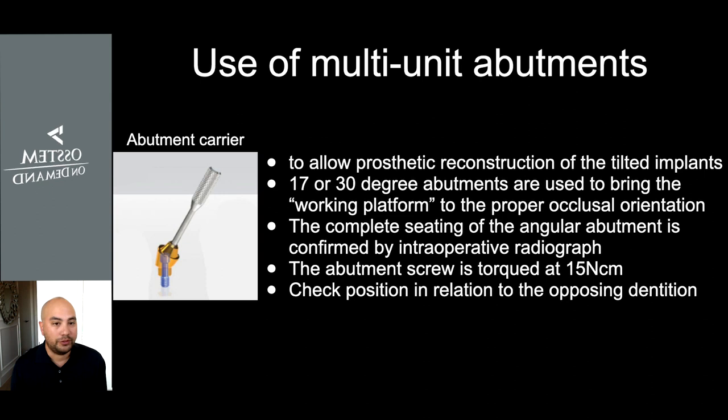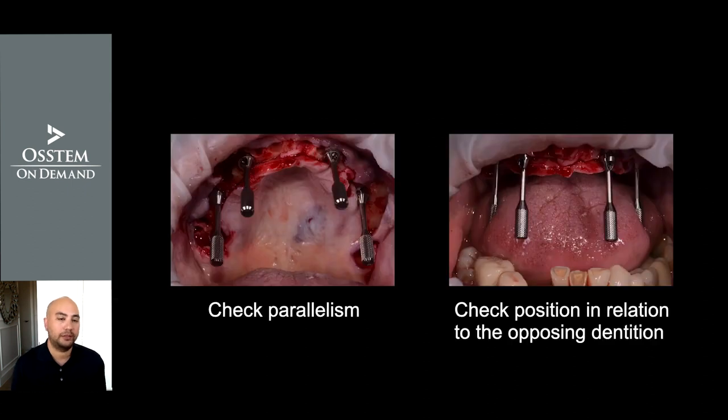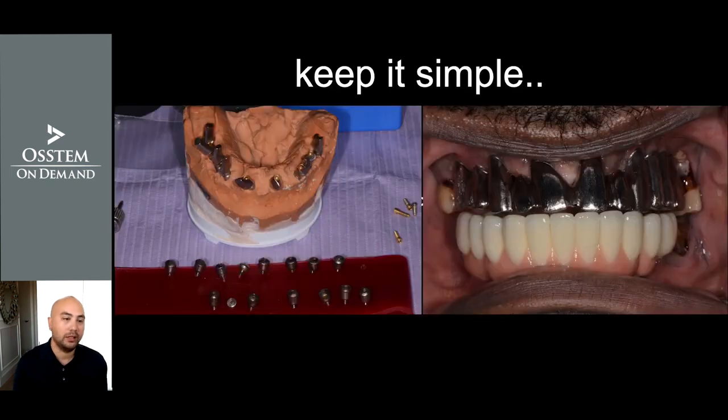The abutment screw is torqued at 15-20 Newton centimeters, and the abutment carrier also allows us to check the position in relation to the opposing dentition, like in this case. So keeping the abutment carrier in place allows us to check the parallelism of the implants and also the position in relation to the opposing dentition.